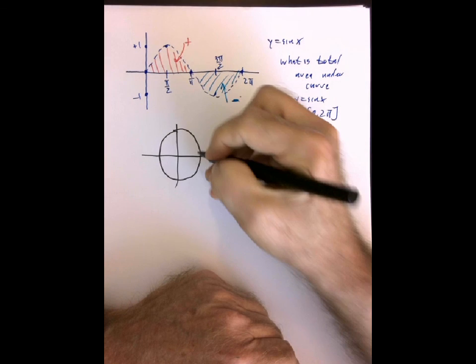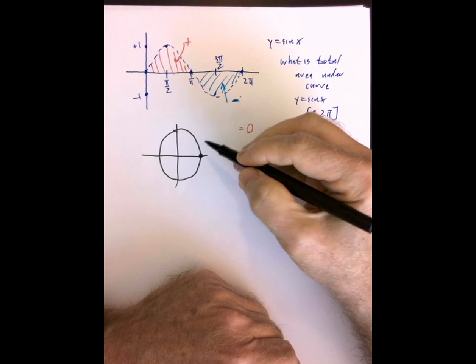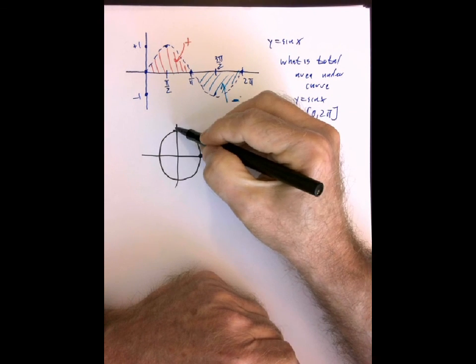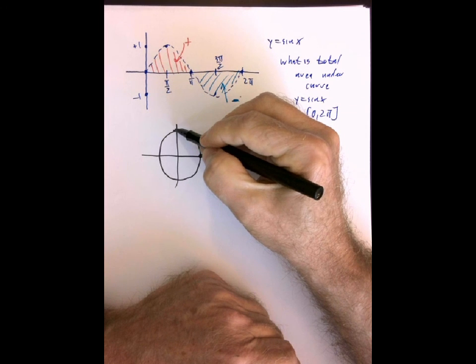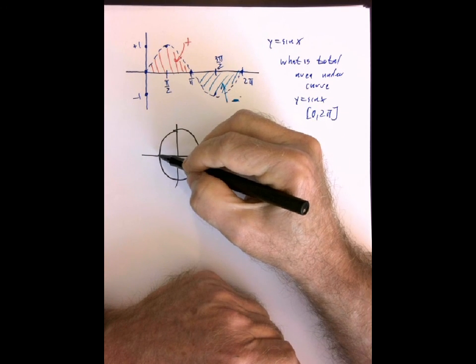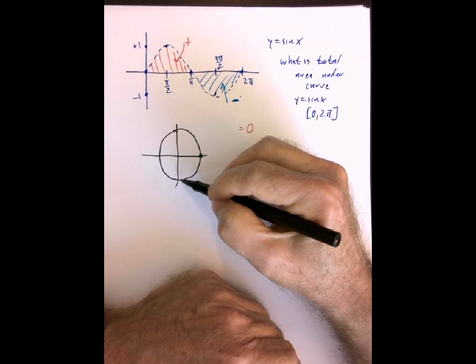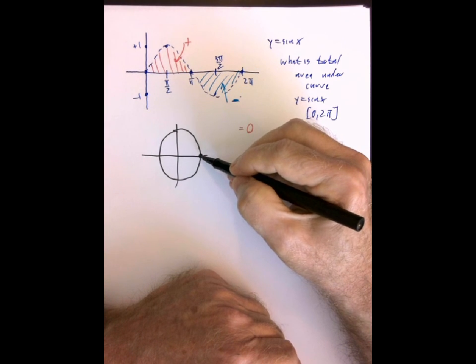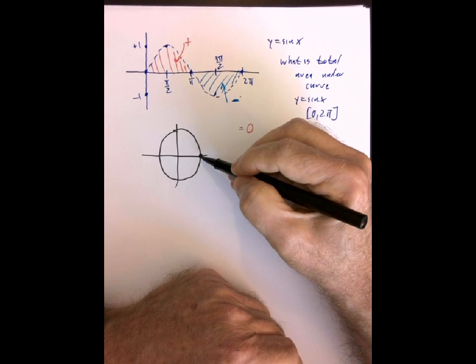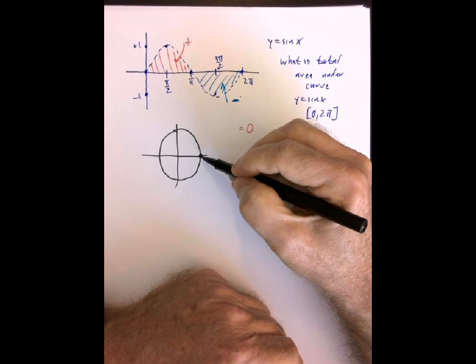What's the particle doing? From 0 to pi over 2, it's there. From pi over 2 to pi, it's there. So it's gone halfway around the circle. Now it's going back again. At 3 pi over 2, it's there. Back here, it started just like John at his house. It started right back where it started.